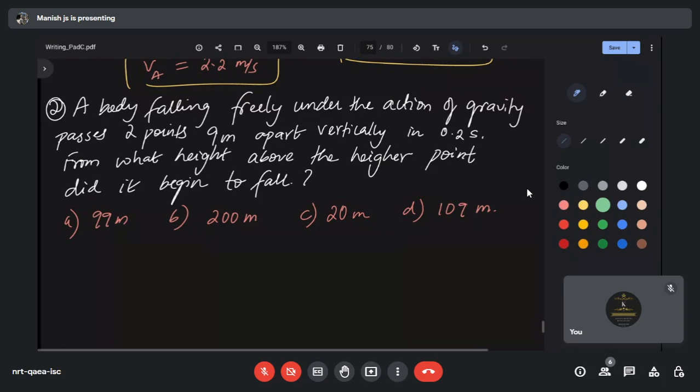So you can use the second equation of motion, the equation having displacement and dependent on time. You have two different variables, two equations. You solve both the equations, you will get the answer. Yeah, proceed. Solve and just tell me the answer.